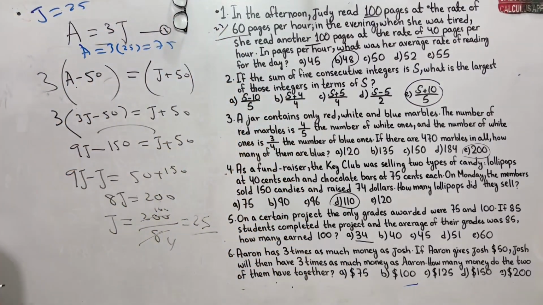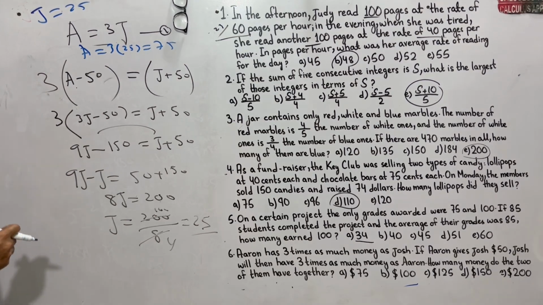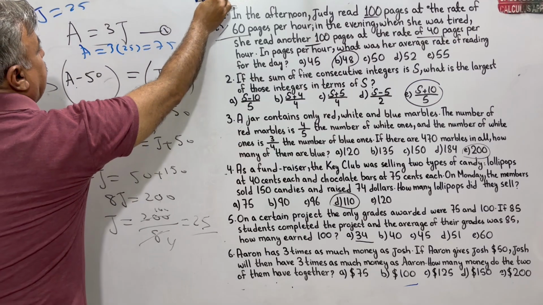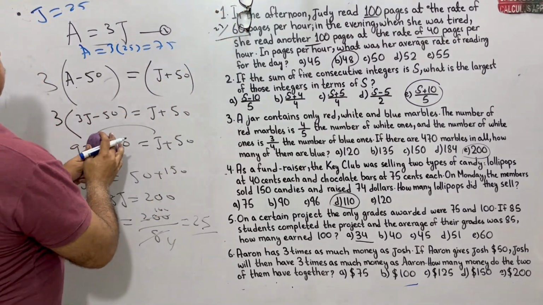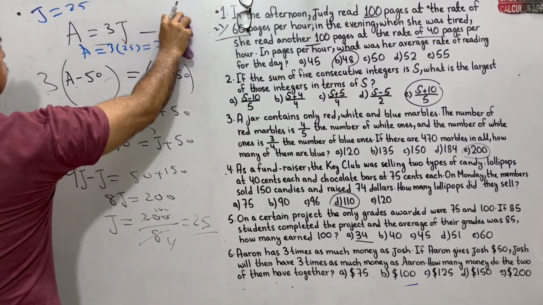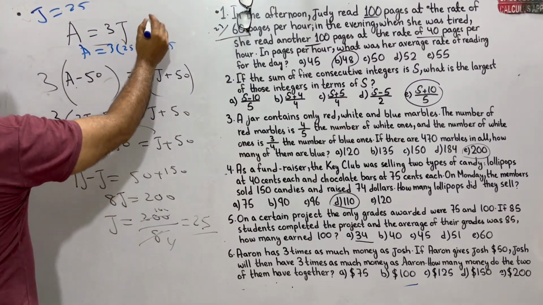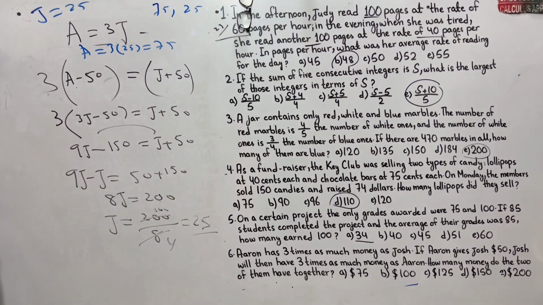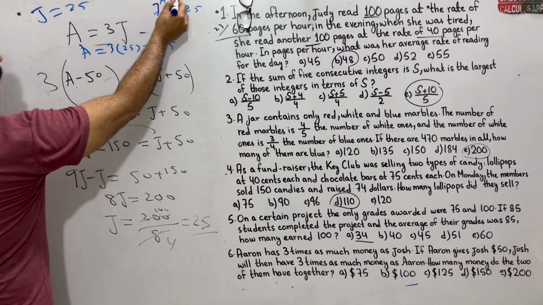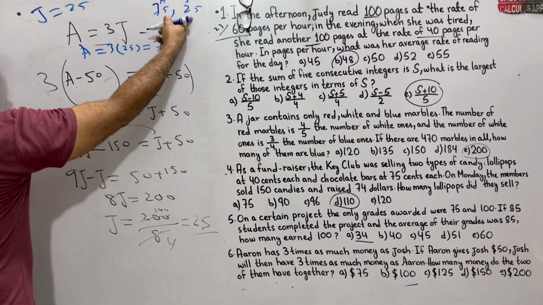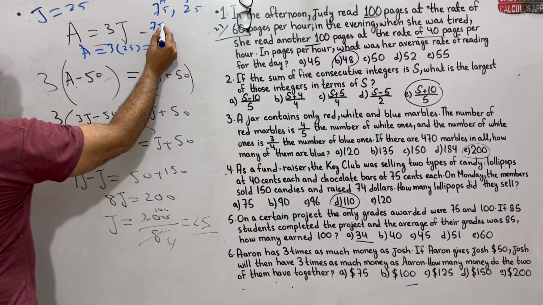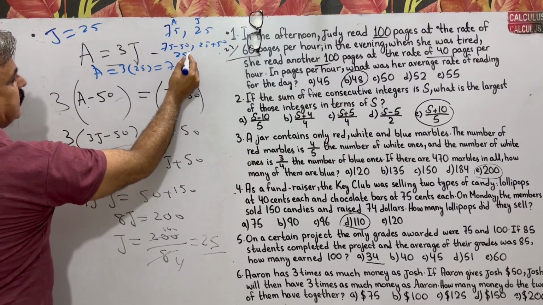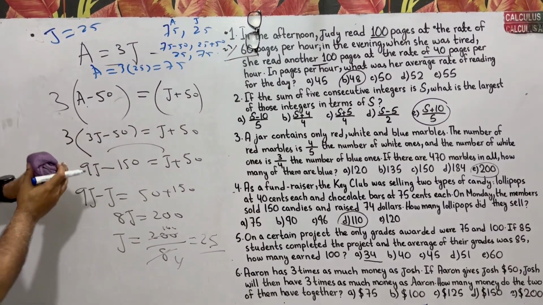One can easily verify whether we have solved it right or wrong. Look at this: Aaron has 75, Josh has 25. If Aaron gives 50 to Josh, it becomes 75 minus 50, which is 25, and 25 plus 50, which is 75.